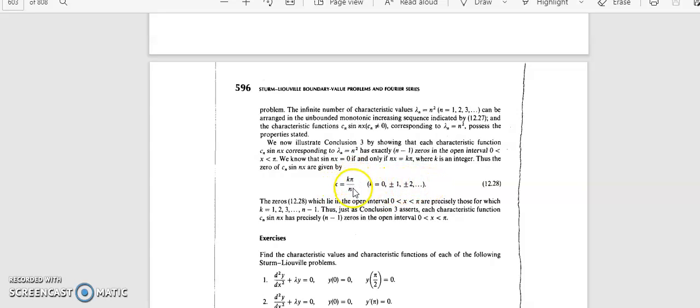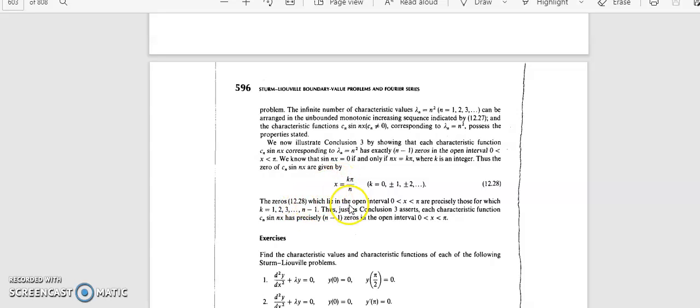So k can be 1 because pi by n will lie in the interval 0 to pi. Then k can be 2, 3, 4 etc. up to n minus 1, because when k equals n, the value of x becomes pi, which is not in this interval. So the possible roots will be pi by n, 2 pi by n, 3 pi by n, etc., up to n minus 1 times pi by n. So therefore there will be exactly n minus 1 roots.